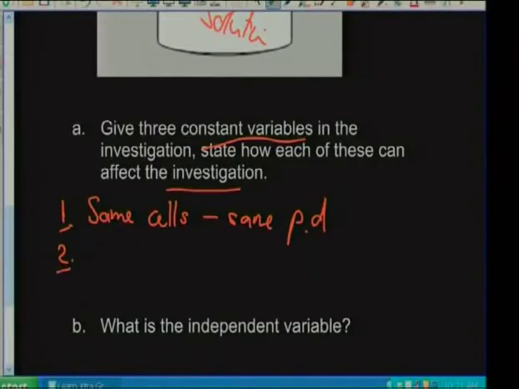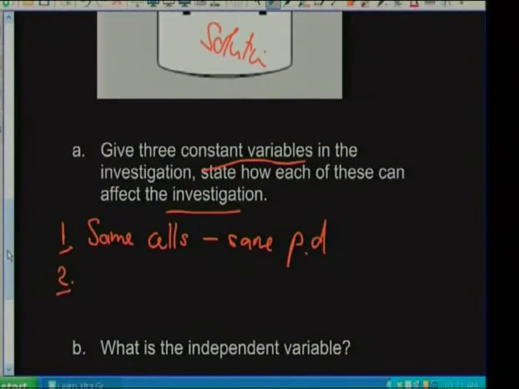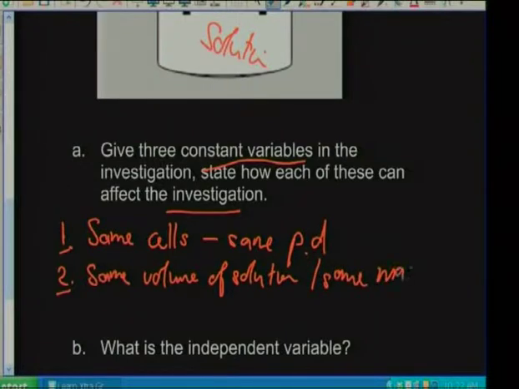The other thing that affects the movement of ions that will affect the solution is we've obviously used the same apparatus. I'm not going to go into that, but we've used the same volume of solutions. And we could also say we've used the same mass. If we had to put more mass or different volumes of solution, we could get different conductivities.